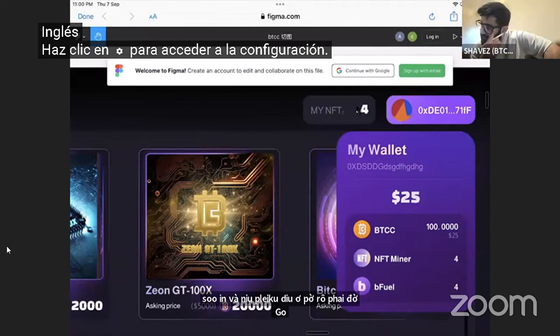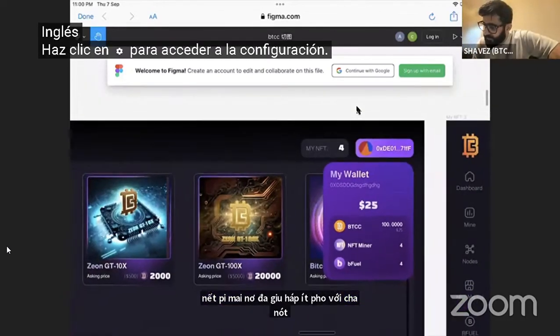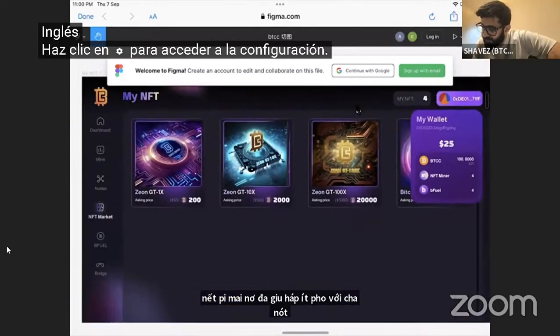As in the design, we considered 0.25, so it is $125 worth of BTCC, and then the NFT miners that you have is four, which are not mining, and the B fuel that you have is four. So this is how you will access the details.